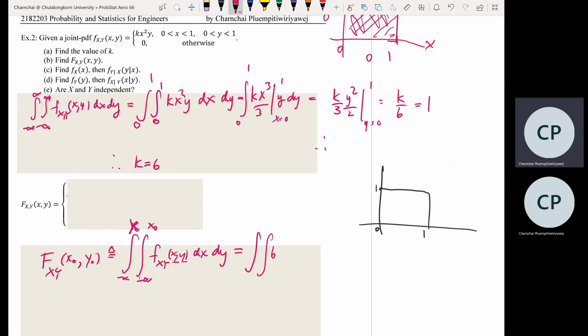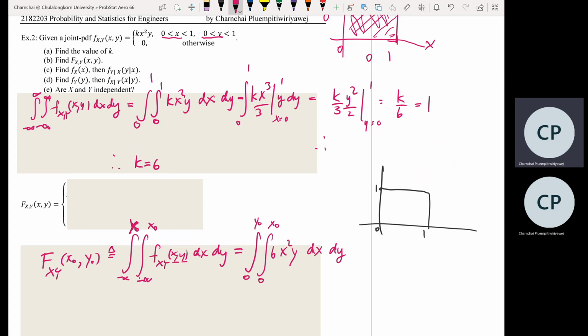So we get K, which is 6, x squared y dx, from 0 to x naught, and y from 0 to y naught, because x starts from 0, but you integrate until x naught.